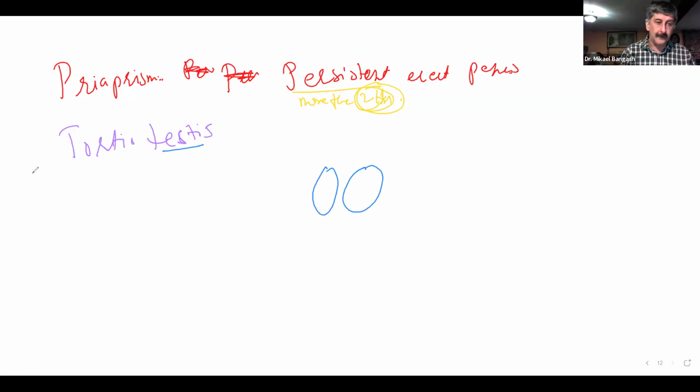What happens in testicular torsion is that the testes may twist around. And what that twisting may cause is that the spermatic cord, mainly the vas deferens, may twist around the arteries and the veins.